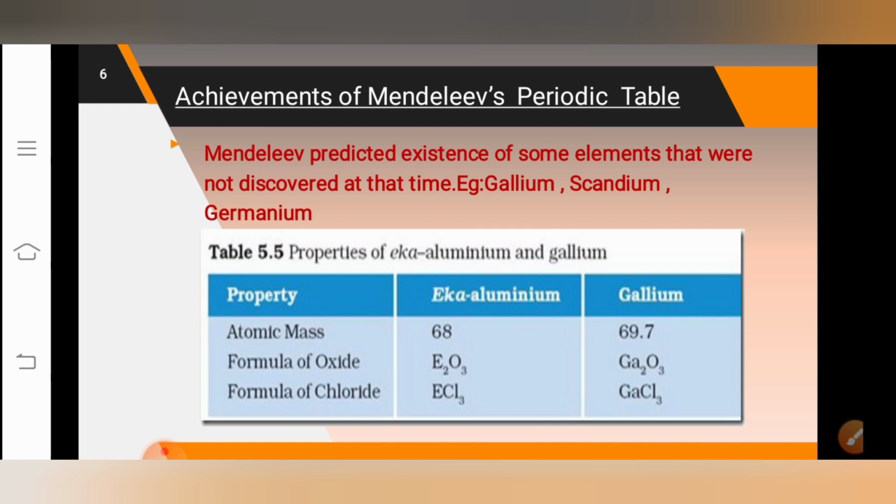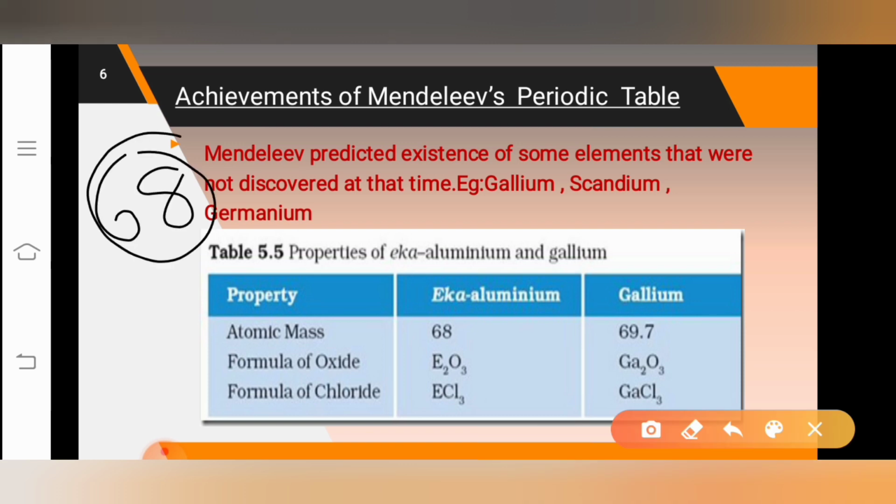I repeat, he predicted one of the elements, and he guessed that there will be an element found in the future, which will have an atomic mass of 68, and he called that element Eka aluminium.